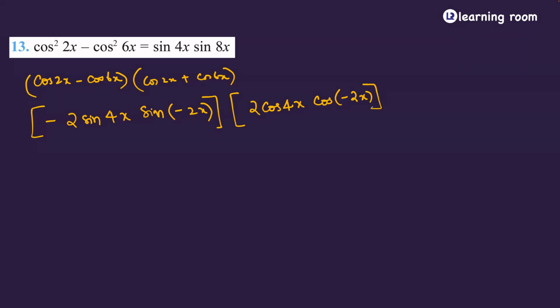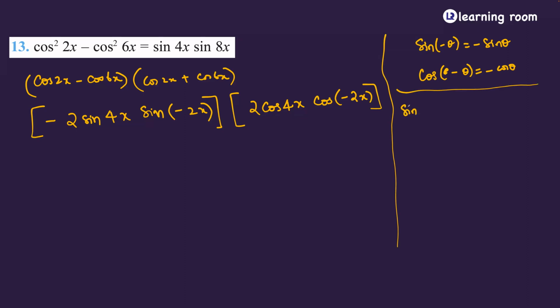So here one identity to be known is sine of minus theta is minus sine theta. Similarly, cos of minus theta is plus cos theta. See, it's very simple. You might wonder why it is so.